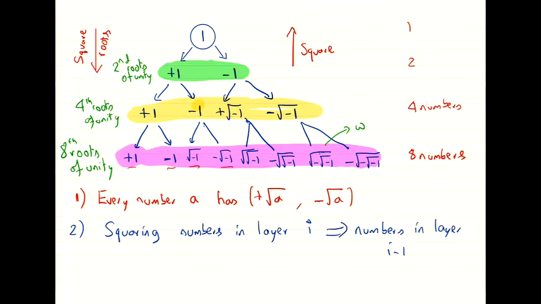The one thing I've hidden under the rug is that I kept taking square roots just as I please, and every time you take a square root, you get both a positive and a negative square root. That's how we construct these numbers. Over real numbers, you can't take square roots of -1, but if you use complex numbers, you can.